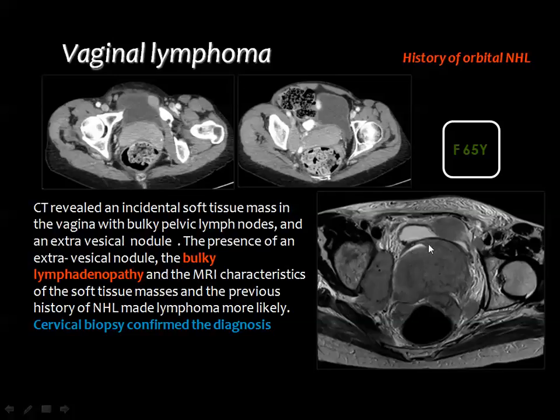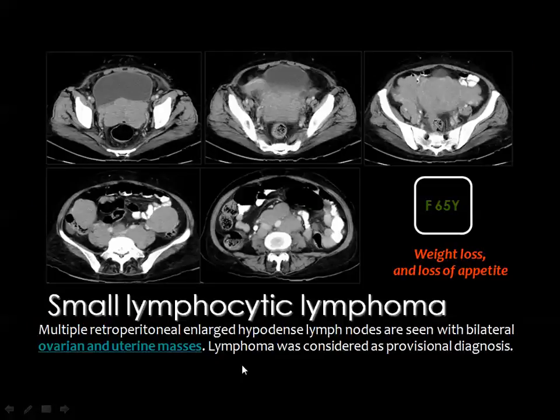And you see the mass infiltrating the vault of the vagina, and also you can see a lesion which is intimately related to the urinary bladder wall. The diagnosis of non-Hodgkin lymphoma was confirmed by biopsy. And this is a female patient presenting with weight loss and decreased appetite.